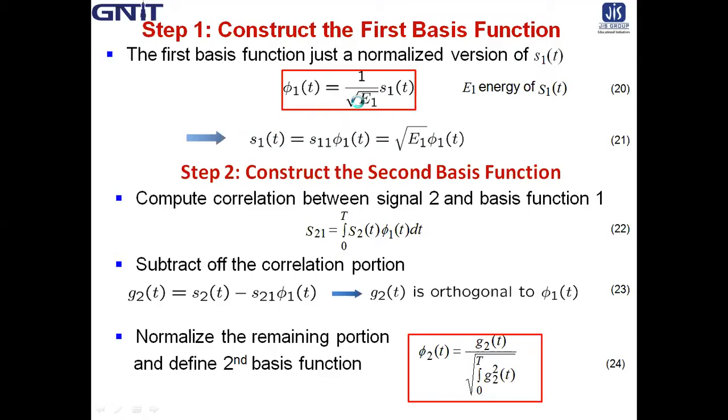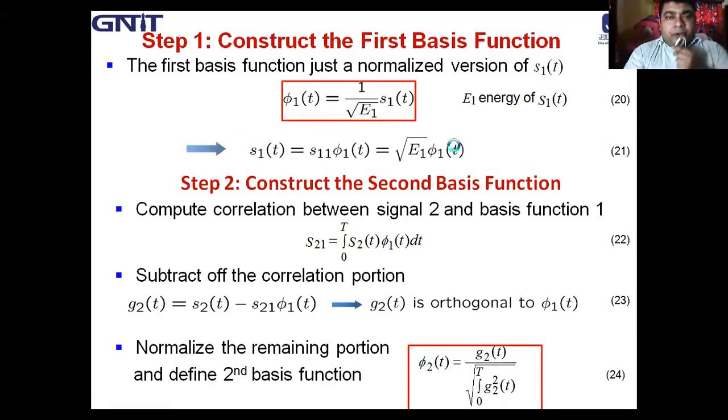Next, we have to construct the second basis function. First of all, to determine the second basis function, we have to find s21. s21 means the projection of signal s2(t) on phi 1(t). How is it evaluated?